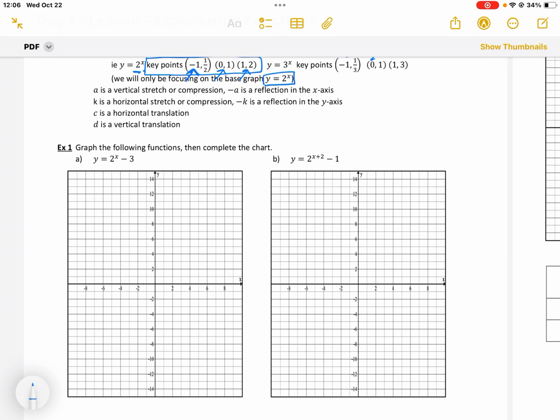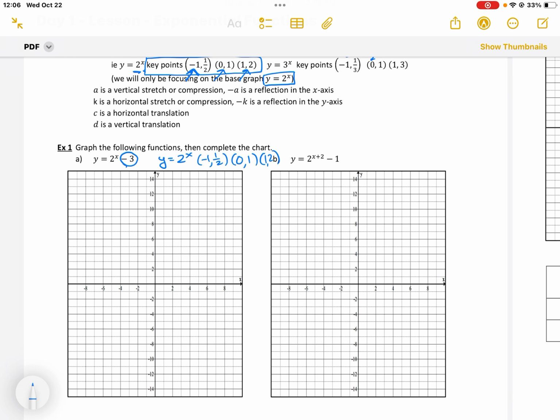So we're going to graph the following functions here. My parent function is y equals 2 to the x, and my three key points are -1, 1/2, then 0, 1, and then 1, 2. The only thing that is different here is that I am taking away 3.